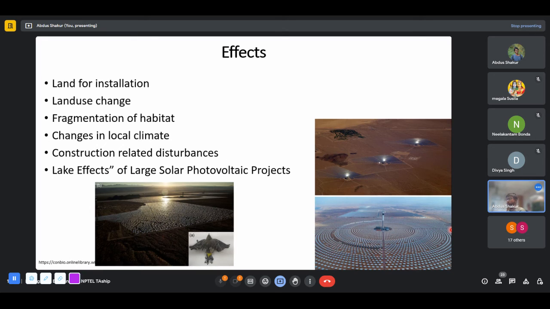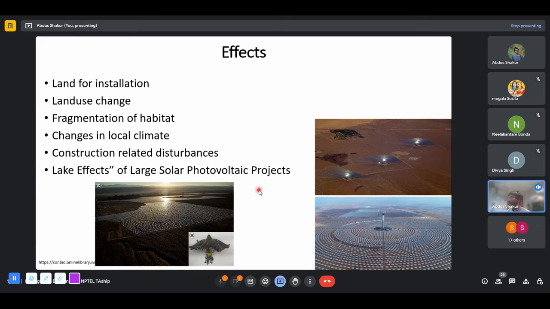Okay, there is no question. So yes, there are both positive and negative effects, but there is a need to address those issues a little better, because we don't have many mechanisms to reduce the effects of these large scale solar power plants on wildlife as such.